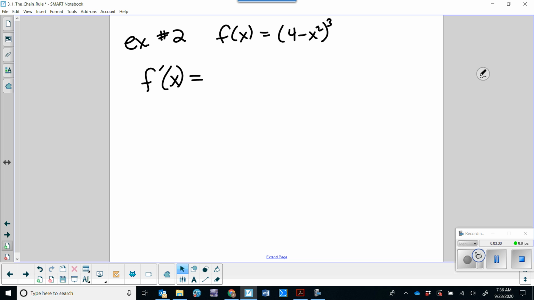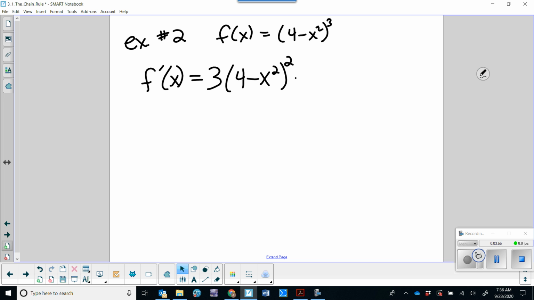We just recognize that the outside function here is cubing, so the inside is clearly 4 minus x squared. We ignore that for the moment and ask, what do we do when we're cubing something and we want the derivative? Well, we put the power in front, we leave the inside alone, we lower the power by 1.